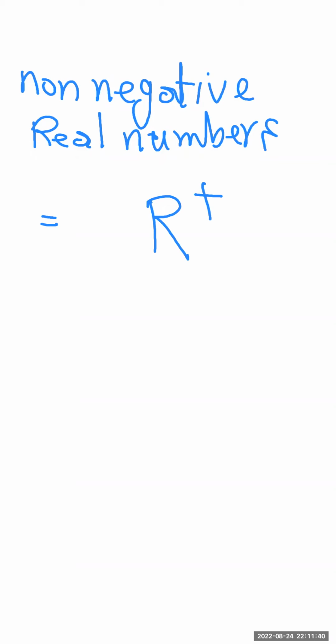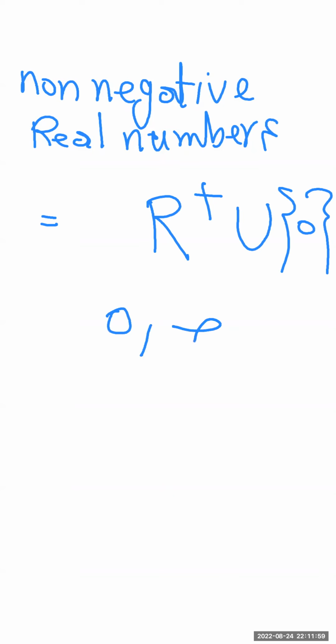No. Positive numbers and 0, because 0 is non-negative. So union the set of 0. Correct? So all positive real numbers plus 0. So 0 till positive infinity. Infinity is open. 0 is included here, yes, so closed.